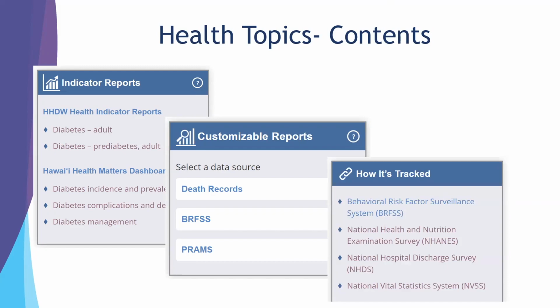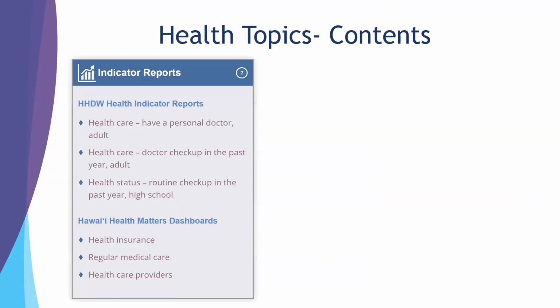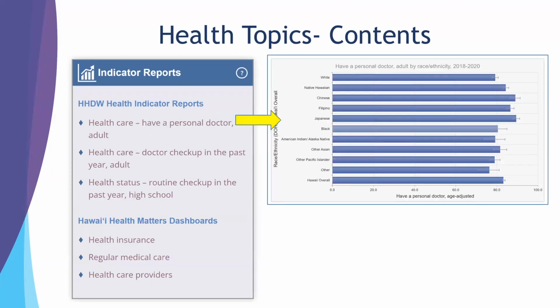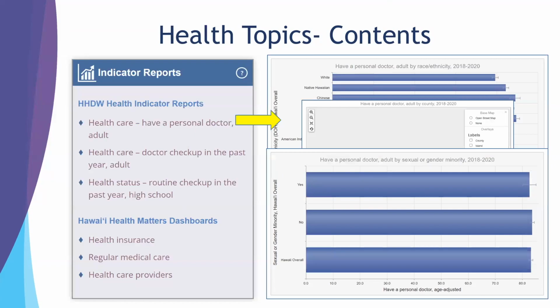Now let's take a closer look at the data options. So the indicator reports, as I said, come in two flavors: the HHDW Indicator Reports and Hawai'i Health Matters dashboards. The HHDW Health Indicator Report will show you the data by race, ethnicity, county, and sexual or gender minority. If you've used the community reports feature in HHDW, this will look very familiar to you.